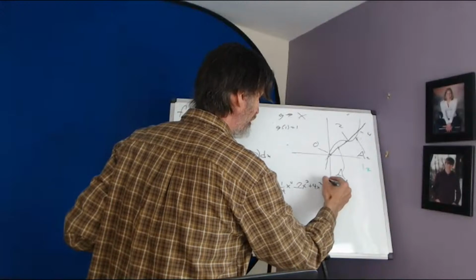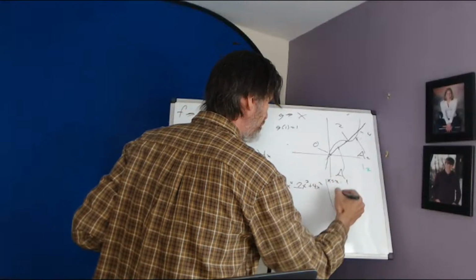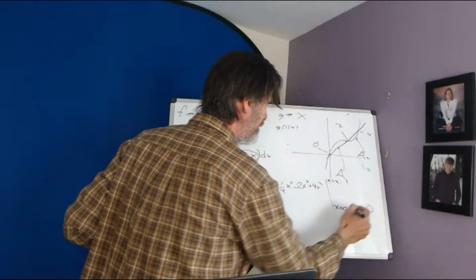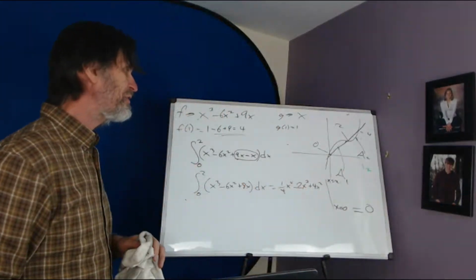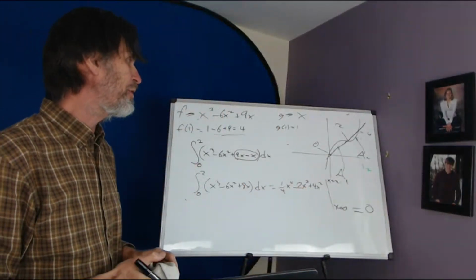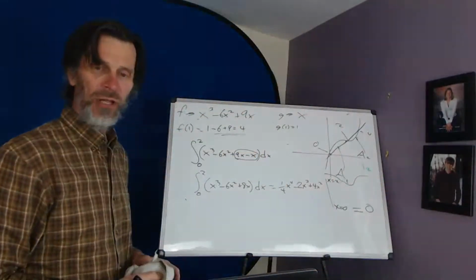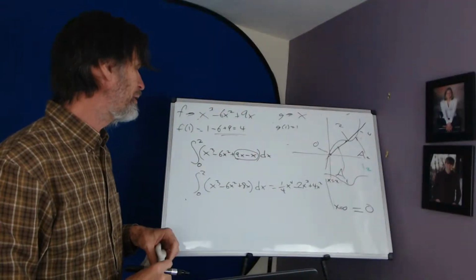We're going to evaluate this from x equals 0 to x equals 2. I'll do the easy one. When you plug in a 0 for each of those x's, you get 0 in return. What do you get when you plug in x equal to 2?